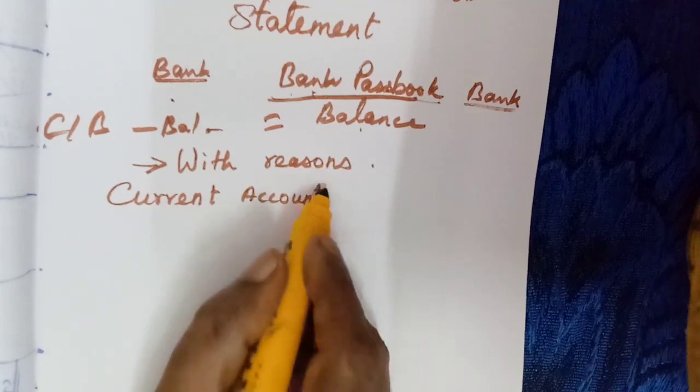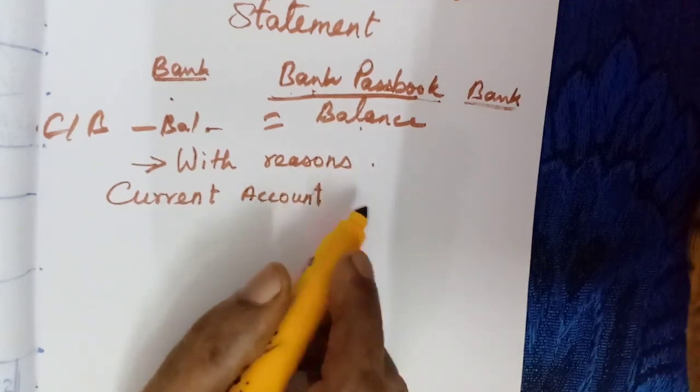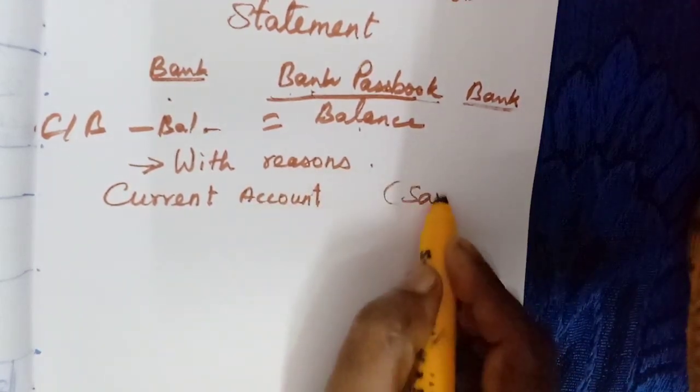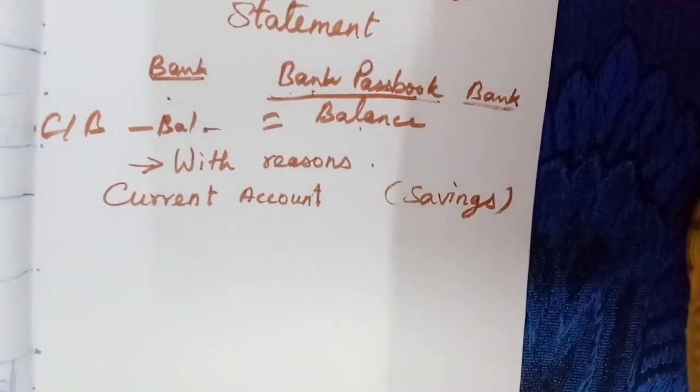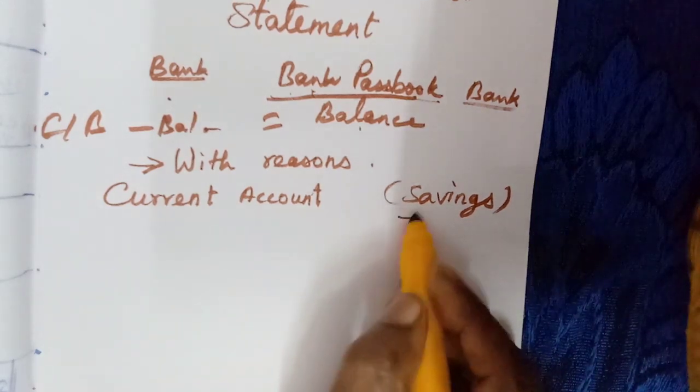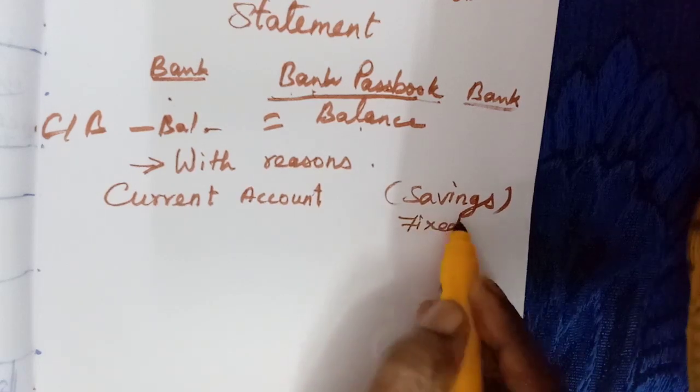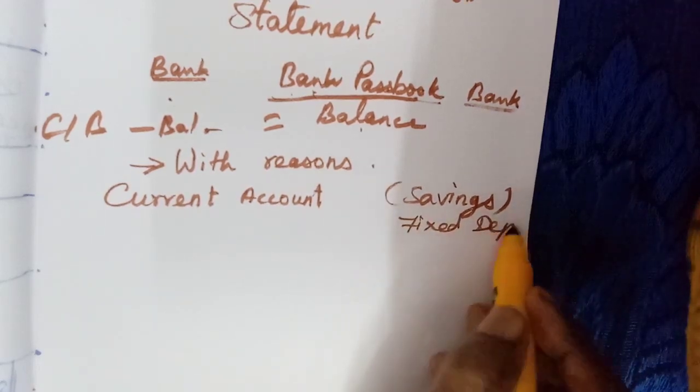All the accounts that ordinary people open are savings bank accounts. Then if we have deposited a large amount, that is called a fixed deposit account. Savings deposit, fixed deposit account.